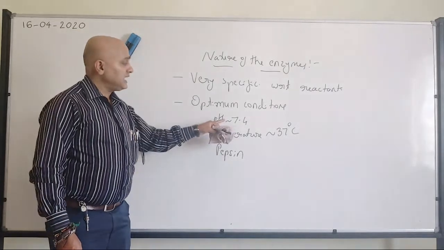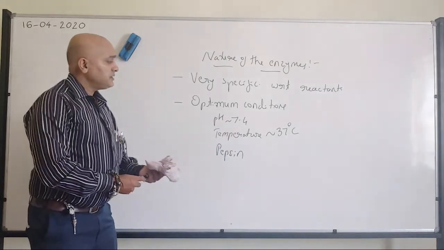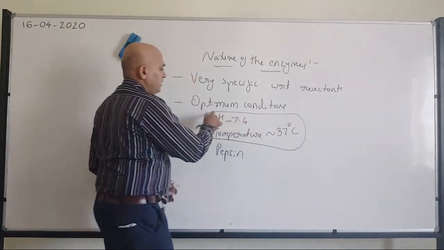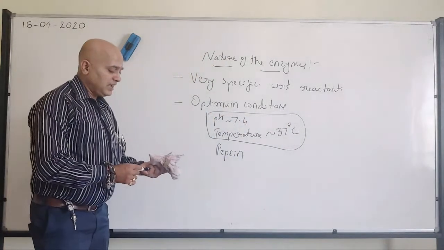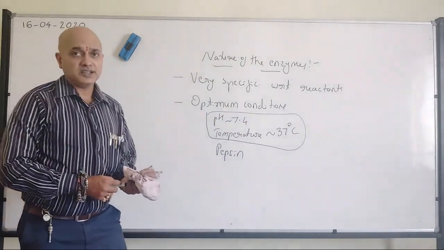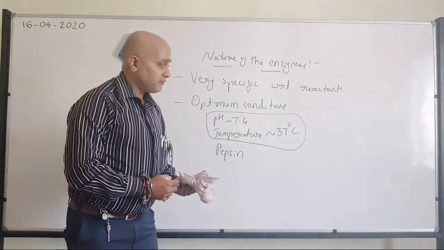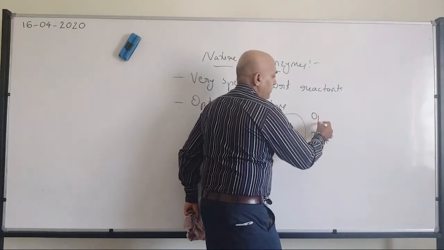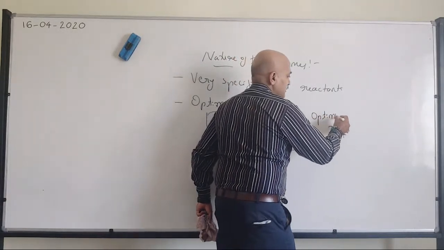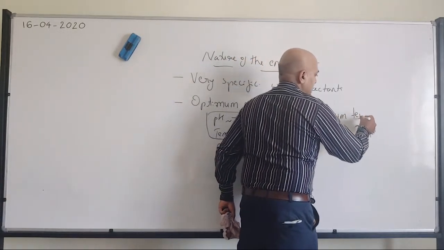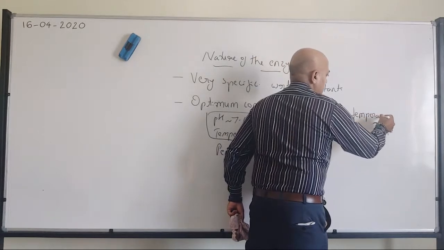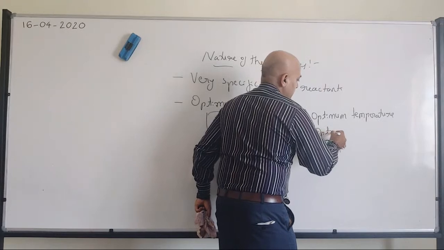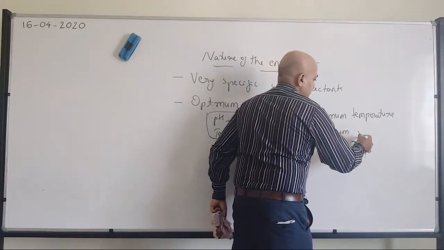But most of the enzymes fall under this category where pH should be 7.4 and temperature should be 37 degrees Celsius. Right? So therefore, we have terms like optimum temperature and optimum pH.